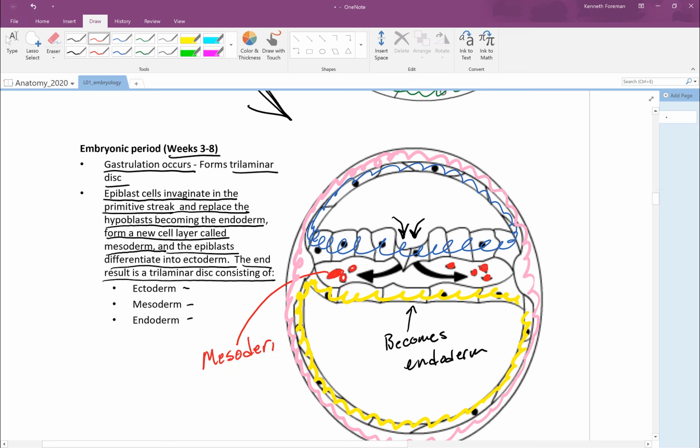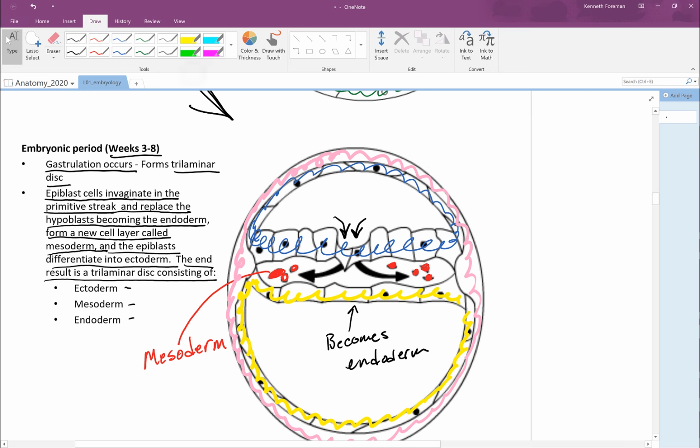Not extra embryonic mesoderm, but just mesoderm. Okay. And then these epiblasts actually differentiate themselves and become ectoderm. So now we have a three-layered cell. 1, 2, 3. Those three layers are ectoderm, mesoderm, and endoderm.